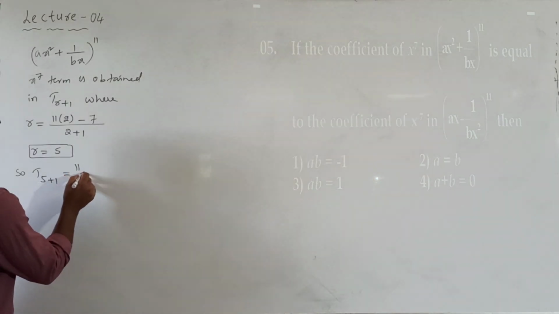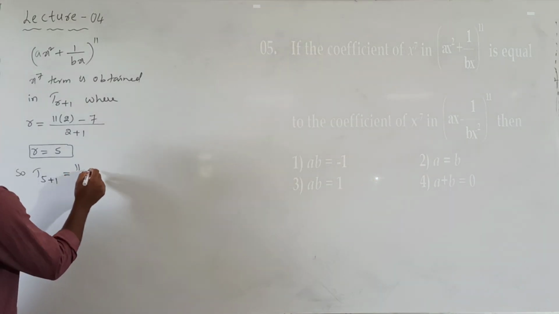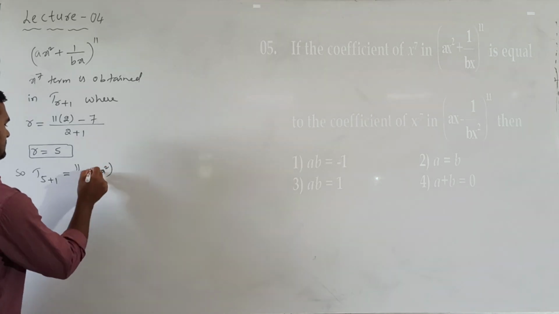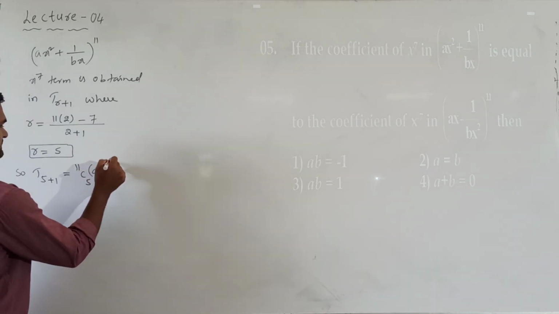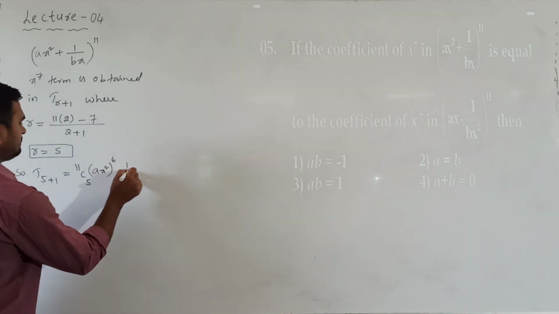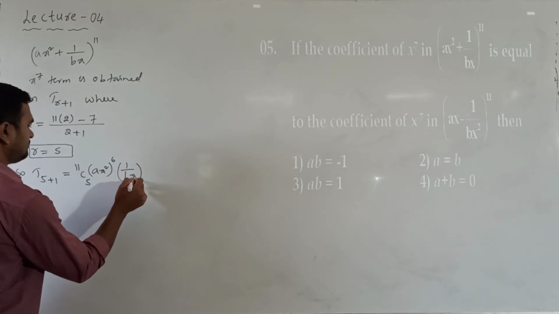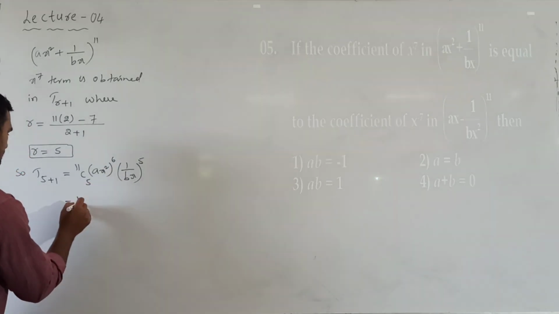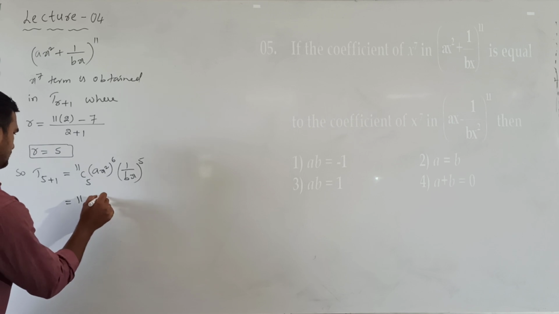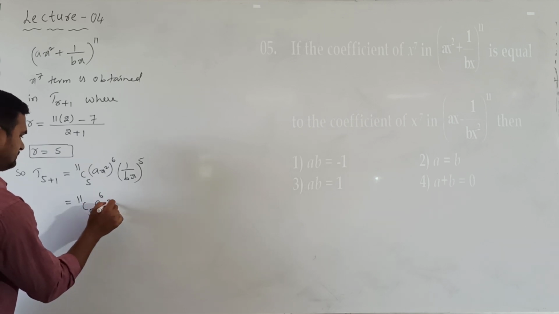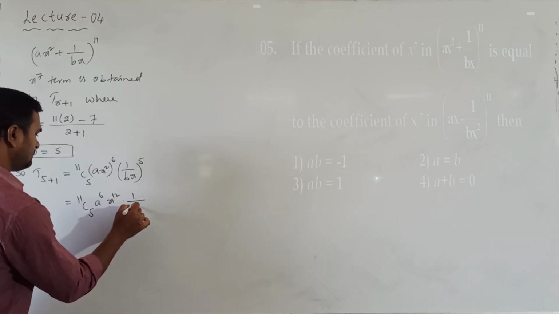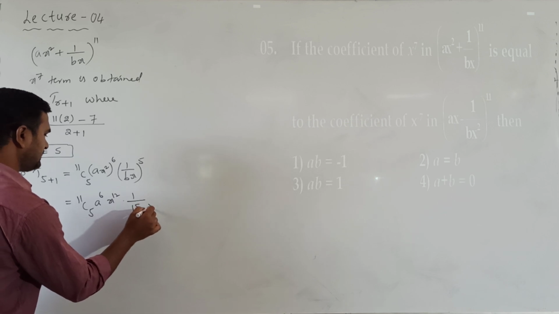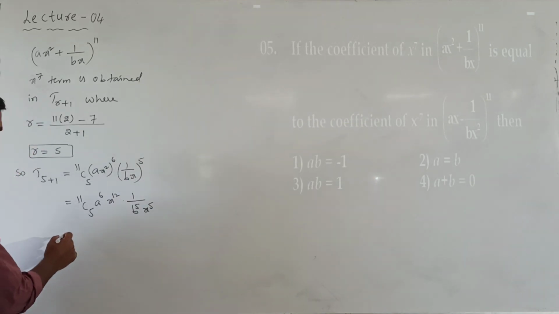It is 11c5 (ax square) power 11 minus 5, that is 6, into (1 by bx) power 5. So it is 11c5 a power 6 x power 12, 1 by b power 5 x power 5.